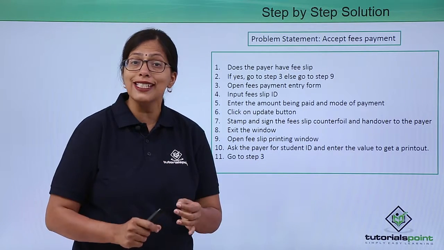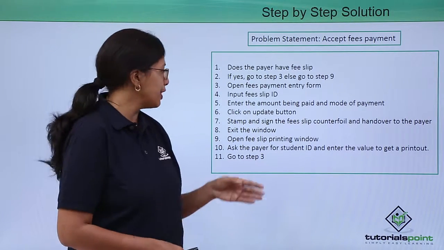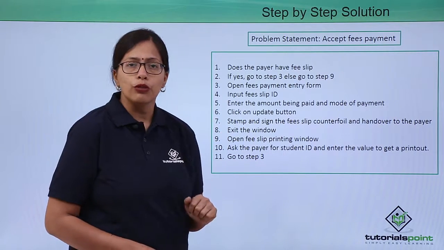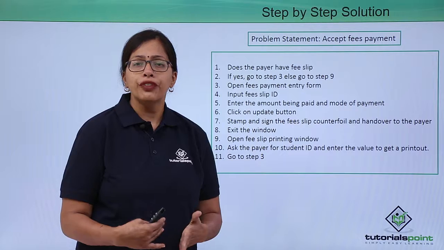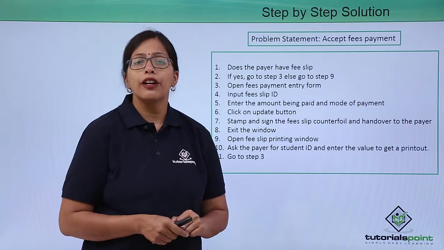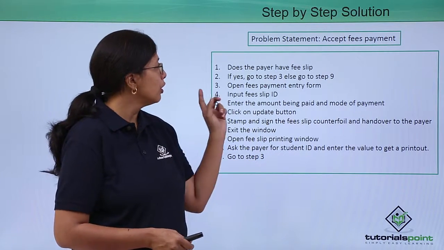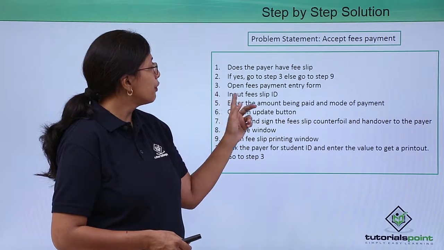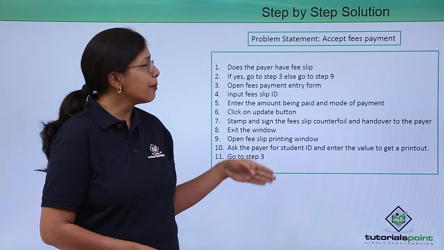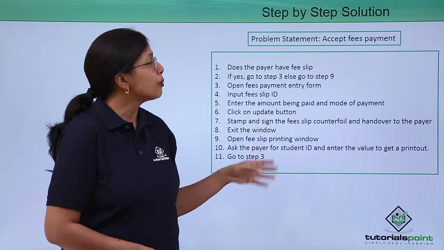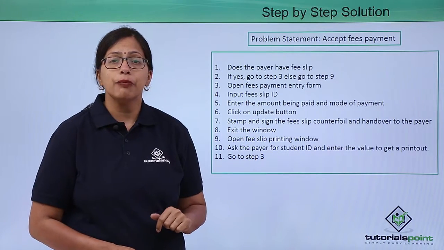You have to give a receipt that you have taken the fees. Exit the window. So, now the person who is accepting the fees will close the window where he was working. Which window? The input fees slip window. Now, this is the step-by-step solution for the problem of accept fees payment.